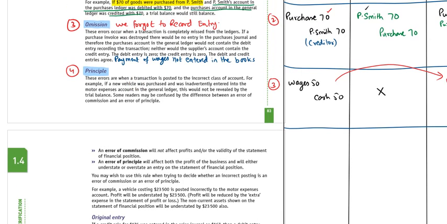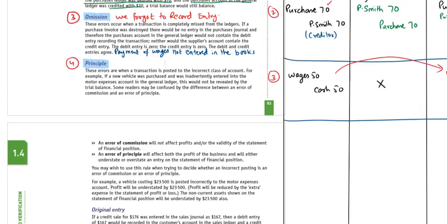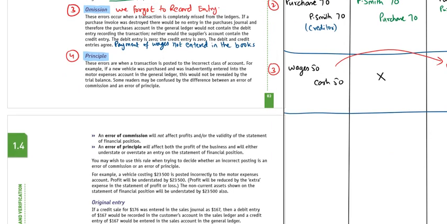In the error of principle, the account is correct, and the recording is on the correct side as well.